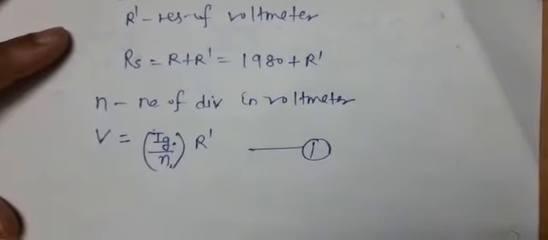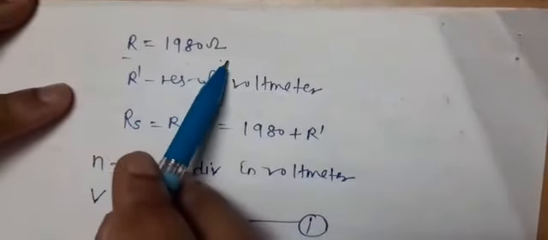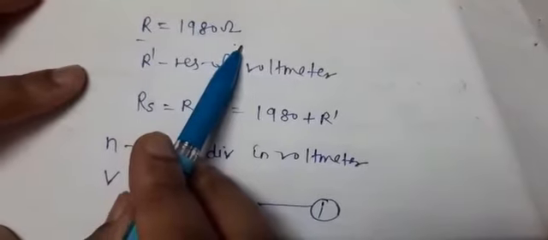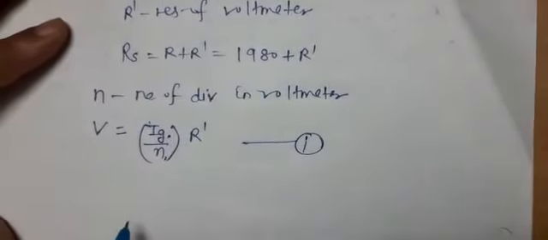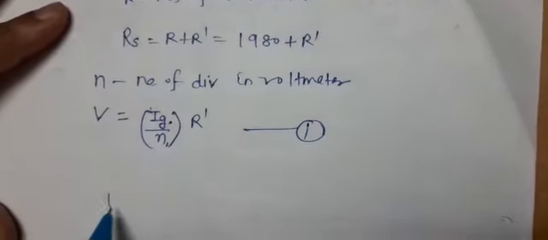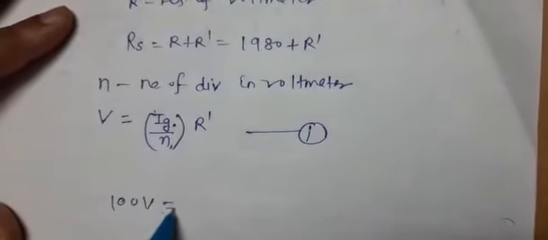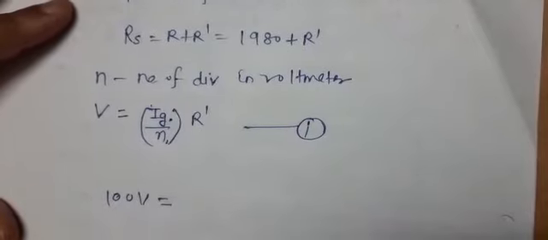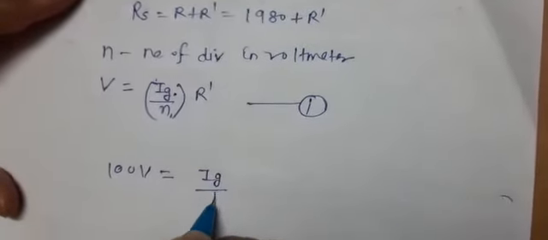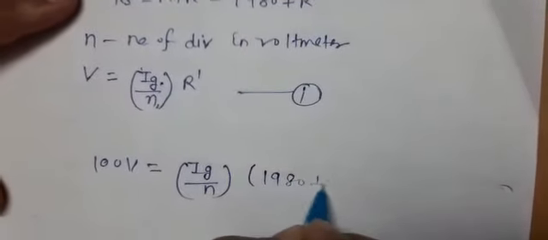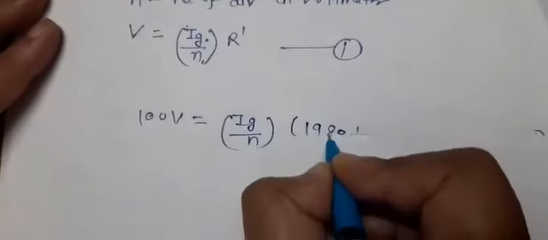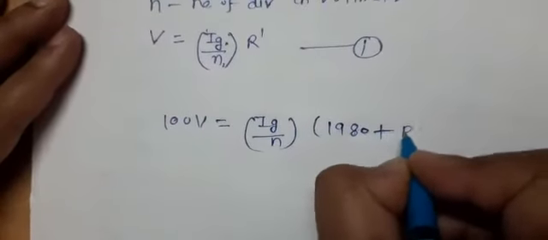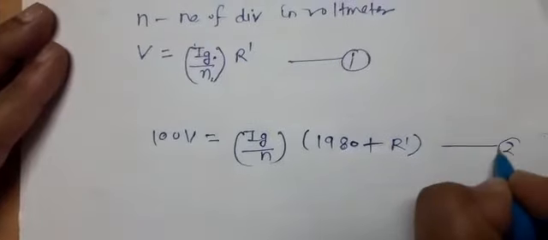Now when the 1980 ohm resistance is connected in series, what is given? The scale division becomes 100 times. So this will become 100 times V, which will be equal to Ig upon N into the effective resistance, that is 1980 plus R dash. Let it be equation 2.